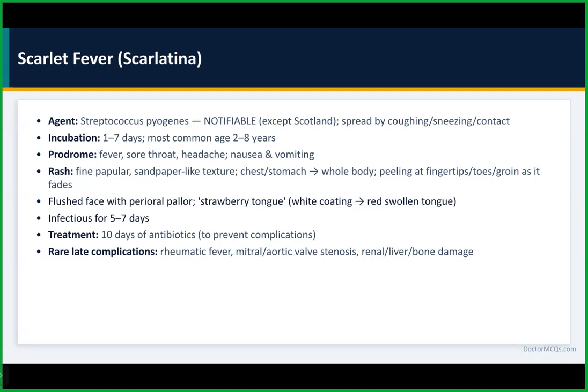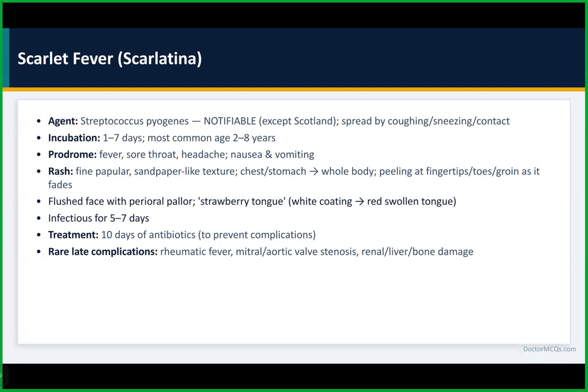So the patient might have a flushed face, and one important thing: central or chest involvement of the rash, a sandpaper-like rash with strawberry tongue, is diagnostic of scarlet fever. The patient might be infectious for 5 to 7 days, and treatment always includes antibiotics. From all of these viral examples, this is the first where oral antibiotics are involved.